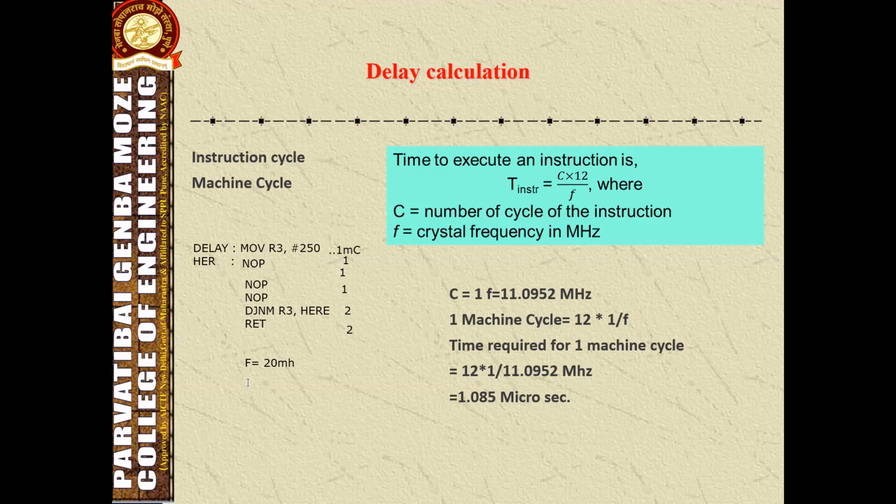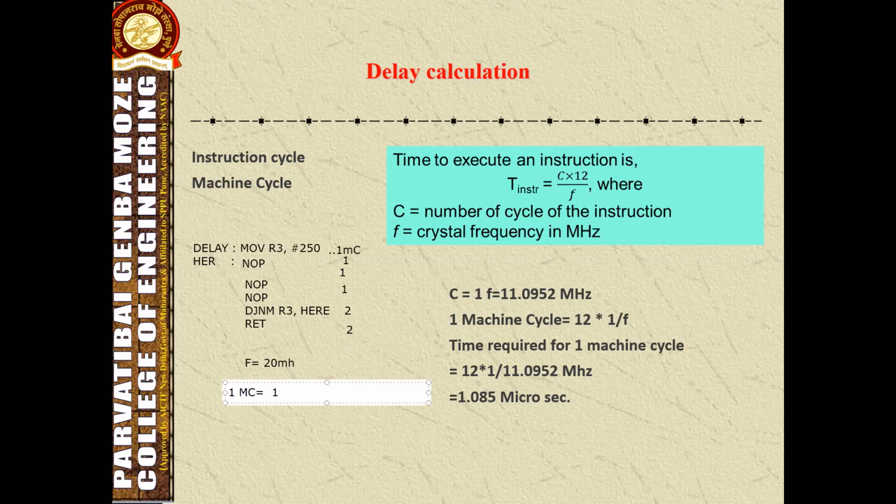So first we have to calculate the amount of time required for one machine cycle. We can calculate it by using this formula. Here, C is one machine cycle.